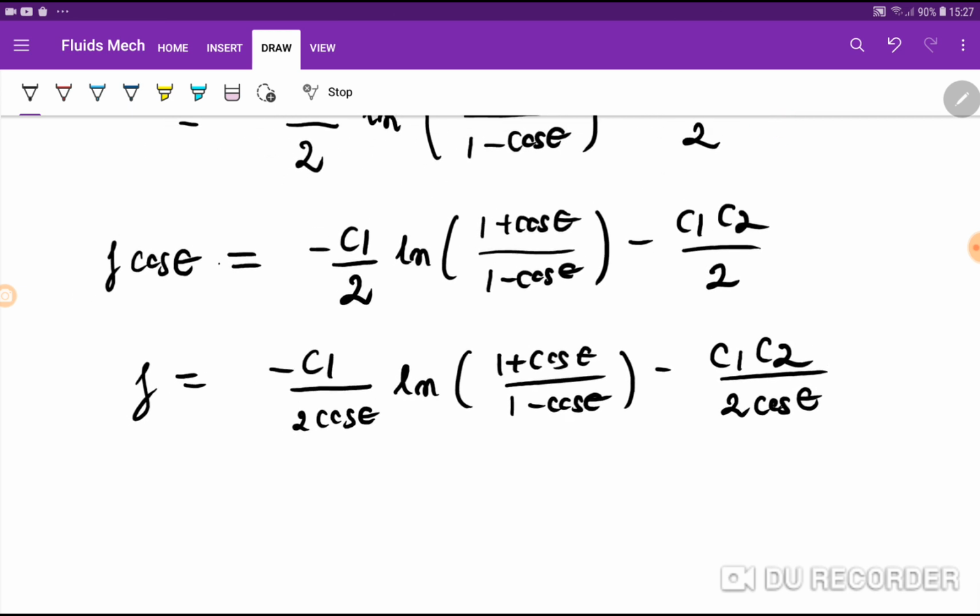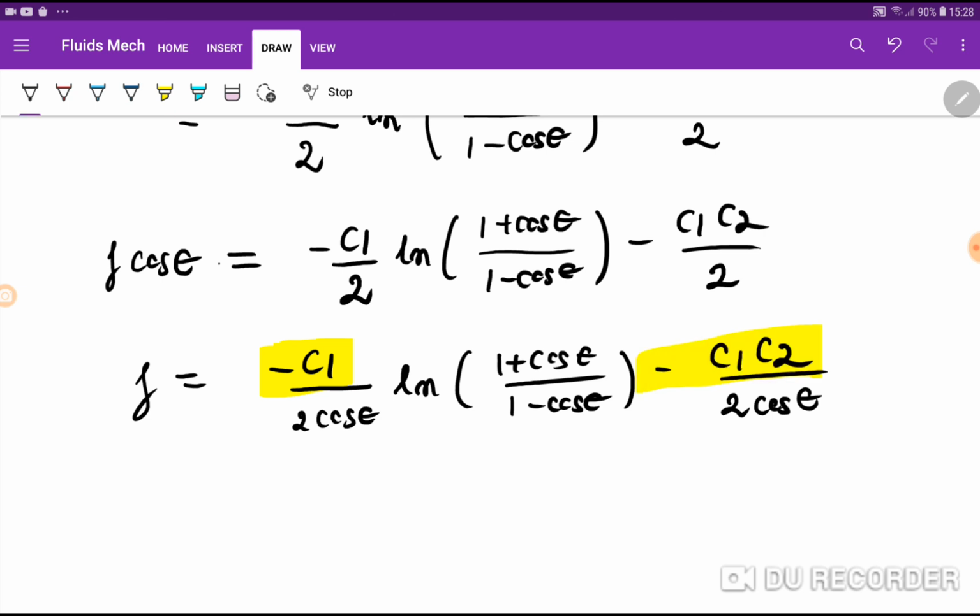If you want to make it cleaner, I think you can clean it up by replacing this and this. So negative c1 is still a number, right?